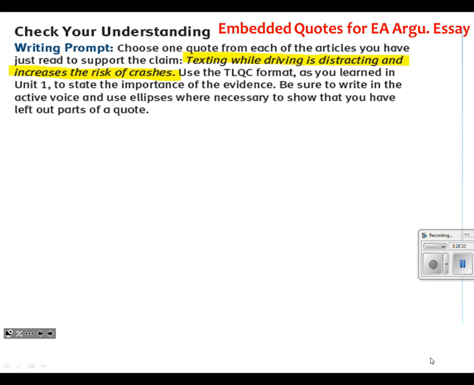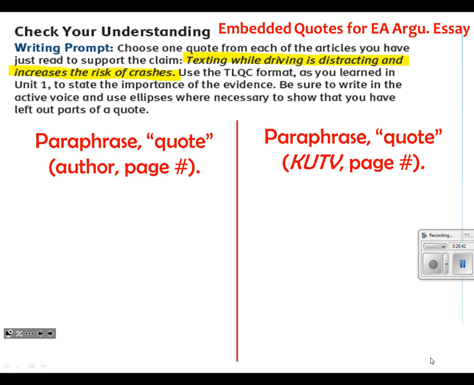So underneath that writing prompt, I want you to go ahead and draw a line down the middle. And we're going to go ahead and put these headings for each column. They're almost exactly identical. There's only one small difference. Now, the left-hand side, you're going to see a complete embedded quote appear from the first article.